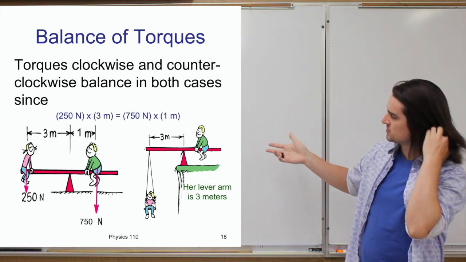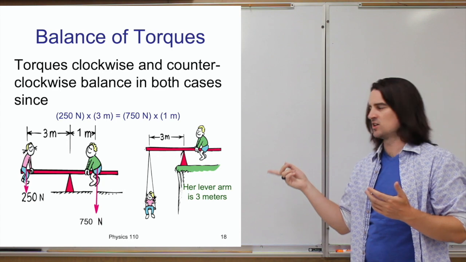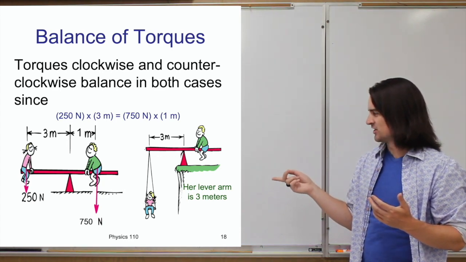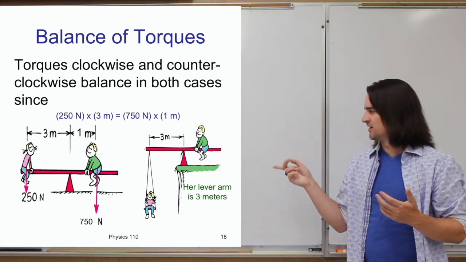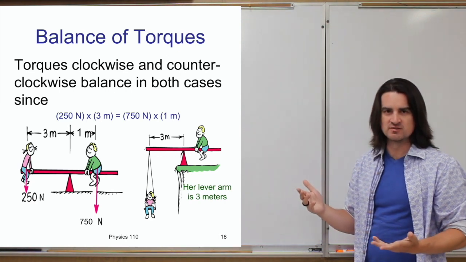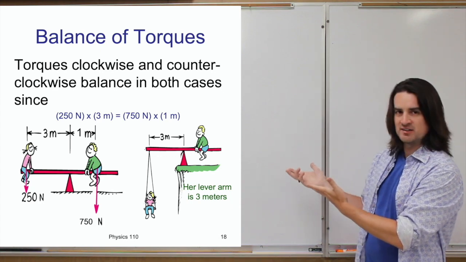And even in the case where you were to, for some reason, hang the child off of the seesaw on a swing or something like that, which does not look like a safe situation, if you were to do that and nothing else changed, then it turns out this situation is still balanced. Why?